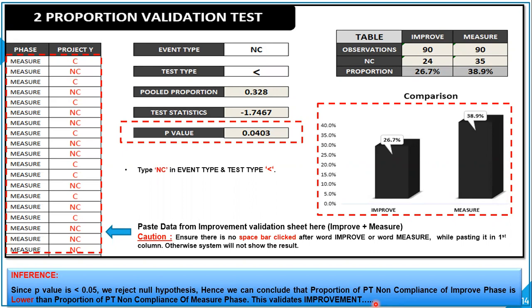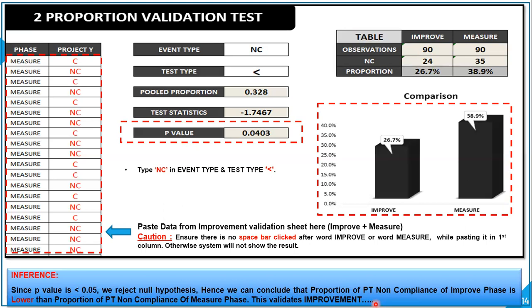Alternative hypothesis says proportion of the non-compliance of the improved phase is lesser than proportion of non-compliance of the major phase. In other words, yes, number of non-compliance has significantly reduced. When number of non-compliance shifts are reduced, it means we have improved the performance.